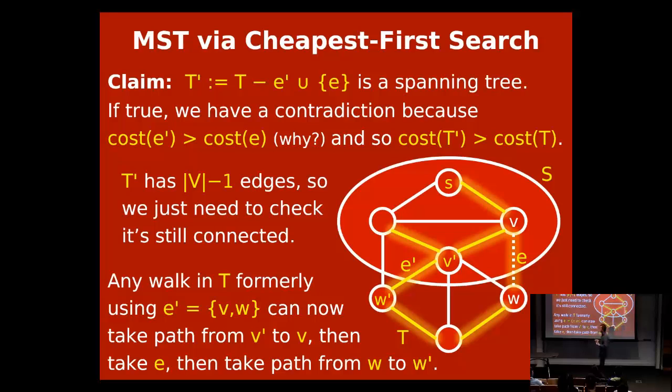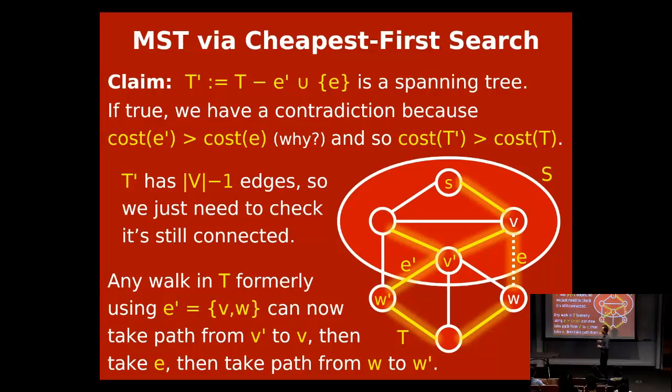But wherever that connection was, say it was going from S, the top, to the bottom, along here, and now I wanted to use this edge, it can't. But V prime is connected to V, because it was on the path from V to W that defined E prime. So we could just go back to V, then go across E, which by assumption we're adding.